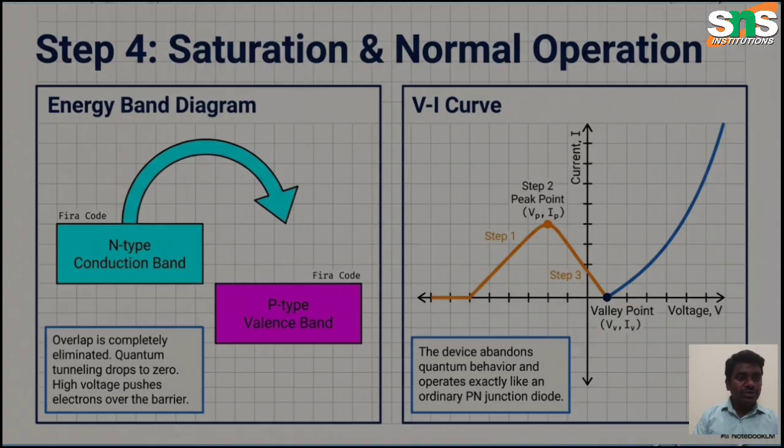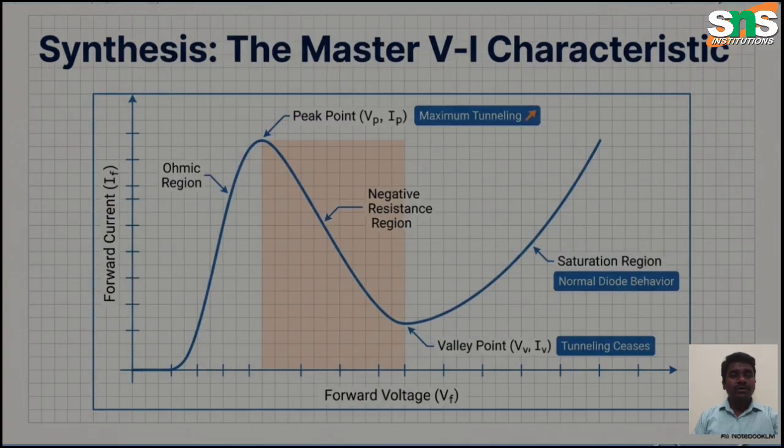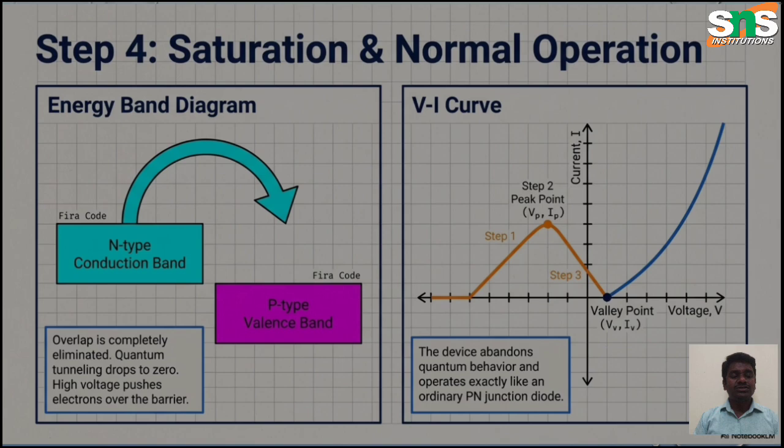From the valley point, it reaches the maximum, that is the saturation point. In saturation mode, this diode works exactly like an ordinary p-n junction diode.